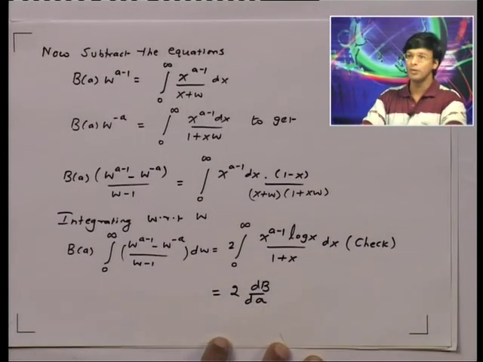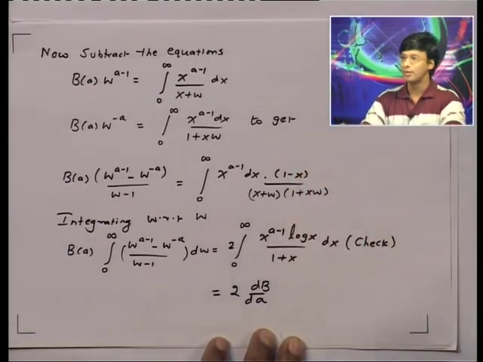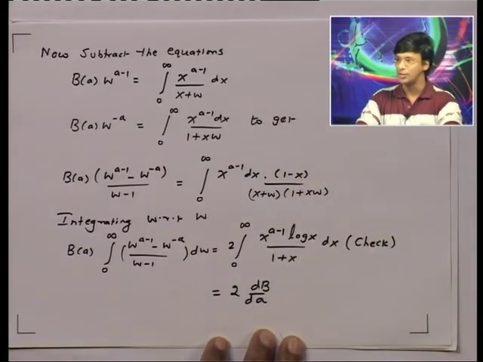That 1 plus x comes from simplification, nothing else. It simply comes from simplifying the rational function, that is all, correct. Do not be puzzled about this 1 minus x, nothing mysterious, just plain algebra.